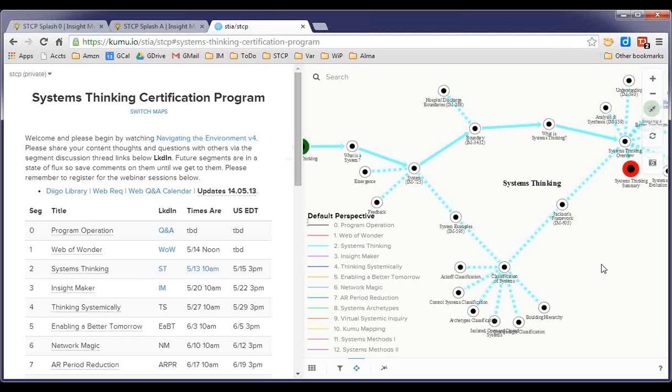So the idea was to provide an understanding of what a system is and the characteristics of a system, and the posts on the discussion thread for the last week have been marvelous in terms of a lot of interactions between the participants, some confusion here and there, though that's expected.